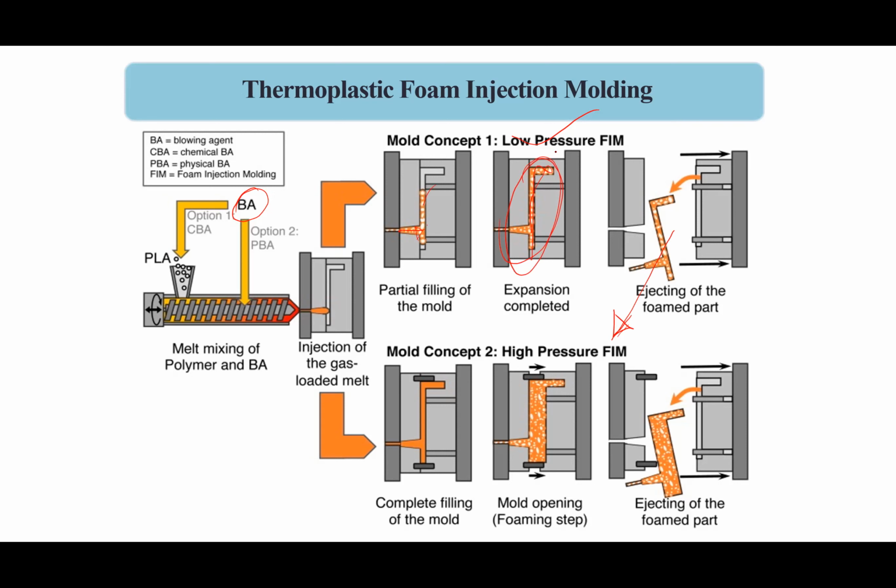The second method is that the material is completely injected into the mold, and then the blowing agent starts functioning. Then when the mold starts opening, the foam gets expanded. A proper example of this kind of foam is sofa foam, the sofa foams that we use at home.